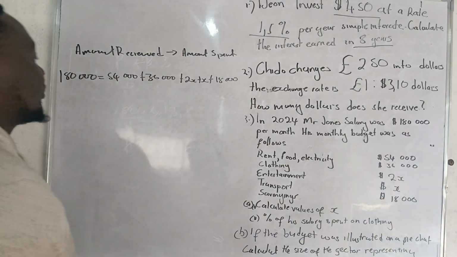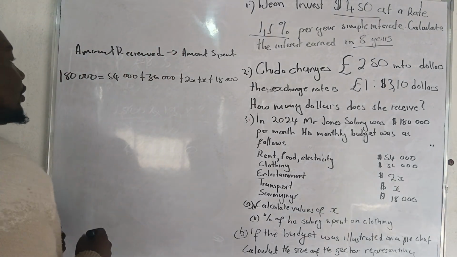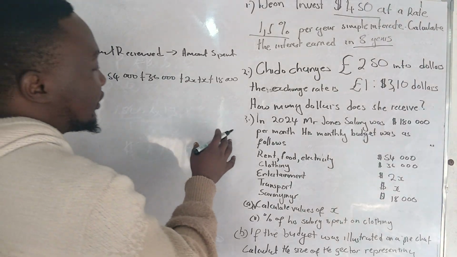So he spends it as follows. The amount received is the amount that is already spent.